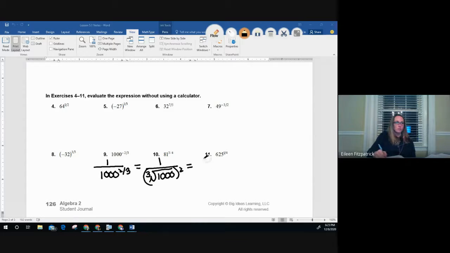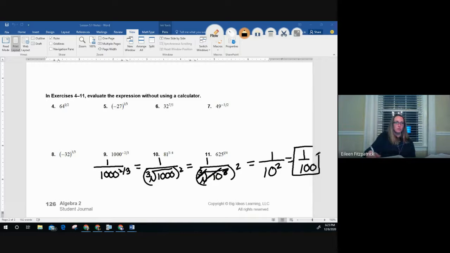The cube root of 1,000 is 10, and I could rewrite it as 10 raised to the 3rd. So the cube root and that exponent cancel, and you're left with 1 over 10 squared. 10 squared is 100, so 1 over 100. Okay, so that's number 9.